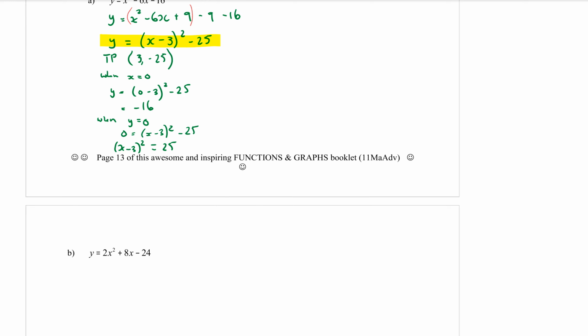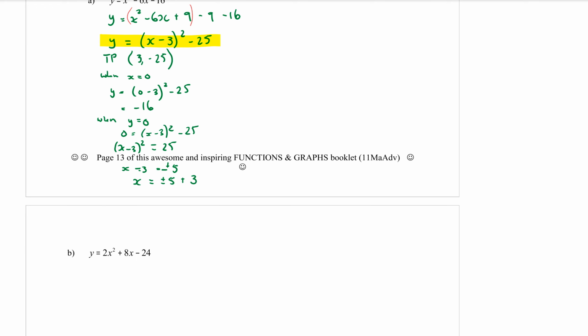So x minus 3 equals, square root of 25 is 5, but it will be plus or minus. And then I need to still move that negative 3 across to the other side. So it's plus or minus 5 plus 3.